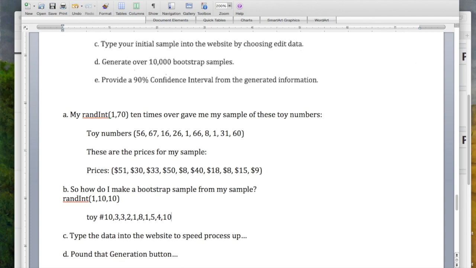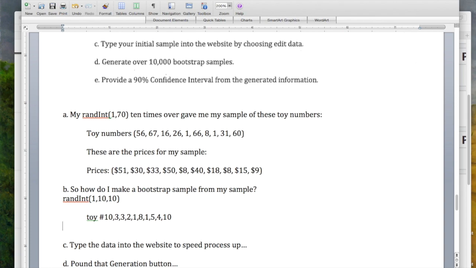So I'm not going back to the original population, I'm just going from this list right here. So each of those numbers represents one of these numbers in my original sample.